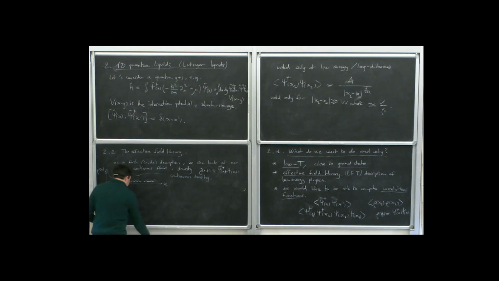The number of particles is conserved, so this is the density associated to a conserved quantity. So there should be a current associated to it, let's call it J, and they satisfy the continuity equation.